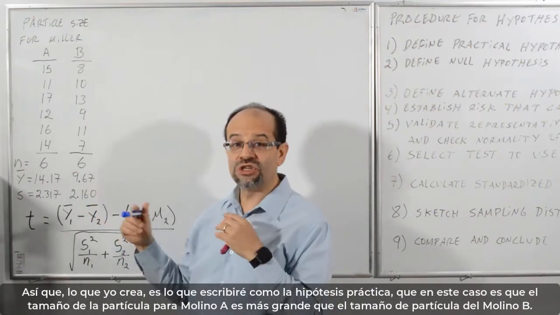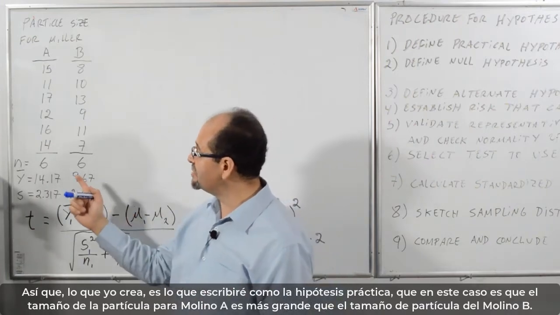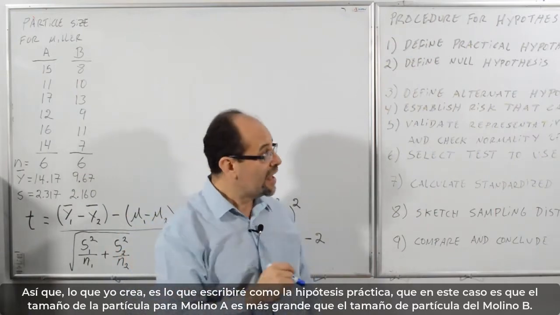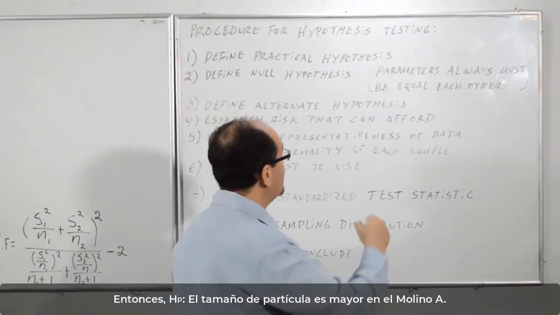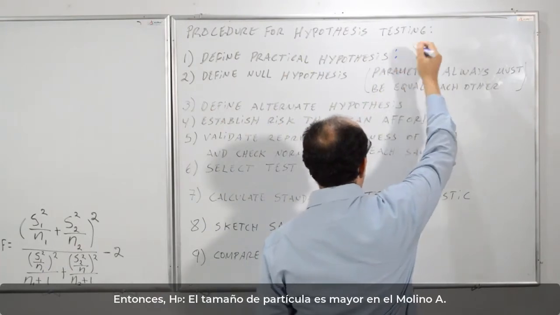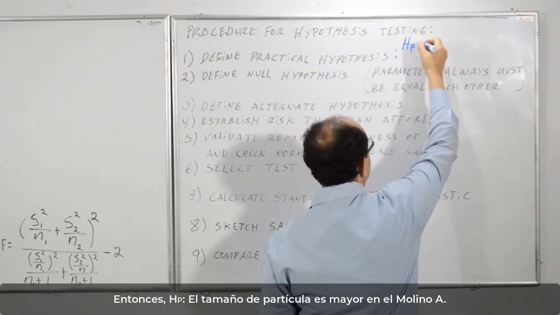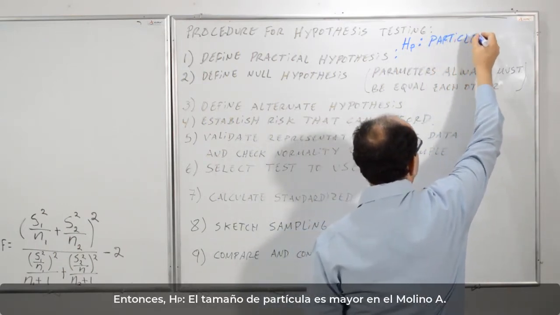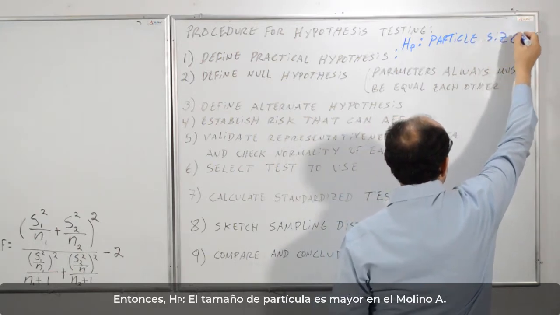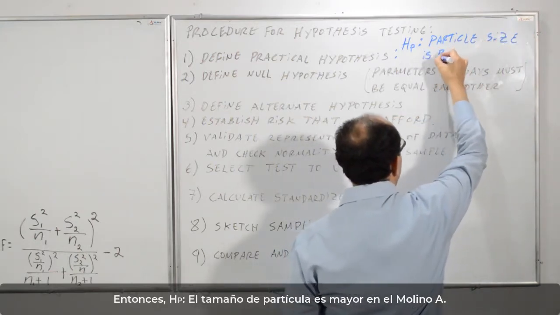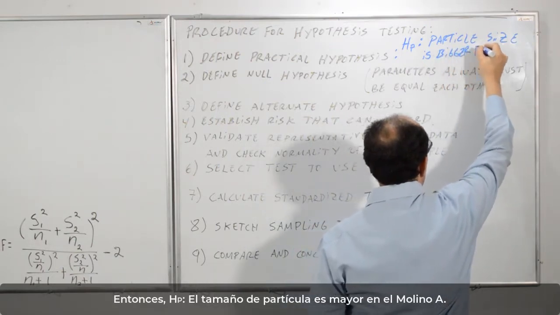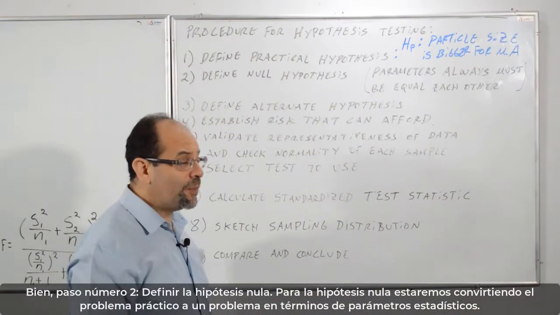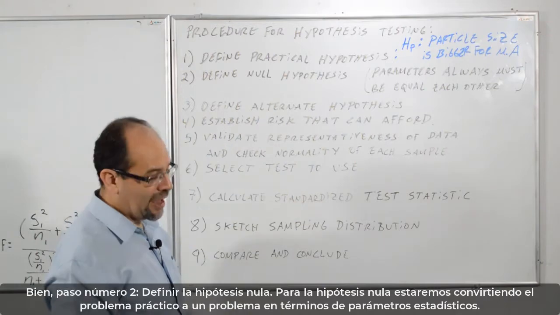Then what I think, which is my practical hypothesis, is that particle size for Miller A is bigger than particle size for Miller B. And that's what I will write here in the practical hypothesis: particle size is bigger for Miller A.